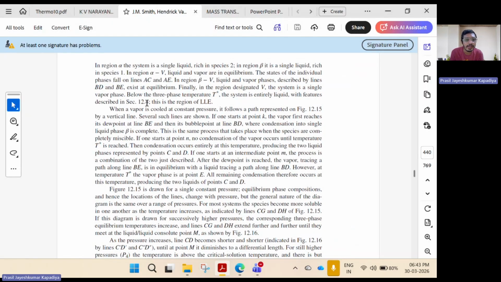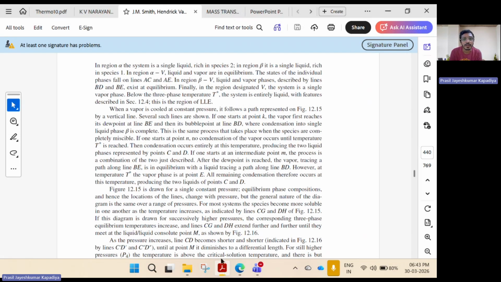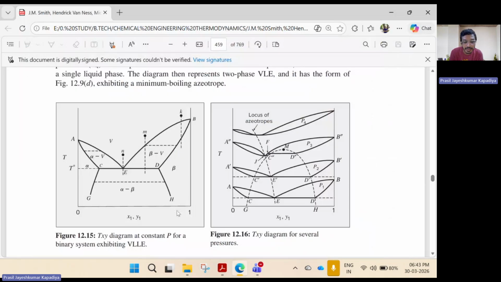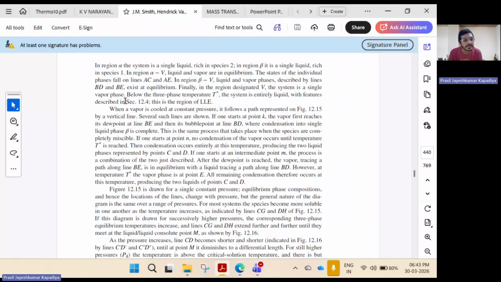See, in region alpha, the system is a single liquid rich in species 2, correct? Here, if we see alpha, x1 is equal to 0, so x2 is equal to 1. So when we are in region alpha, it is a single phase and it is rich in species 2. In region beta, it is a single liquid rich in species 1.